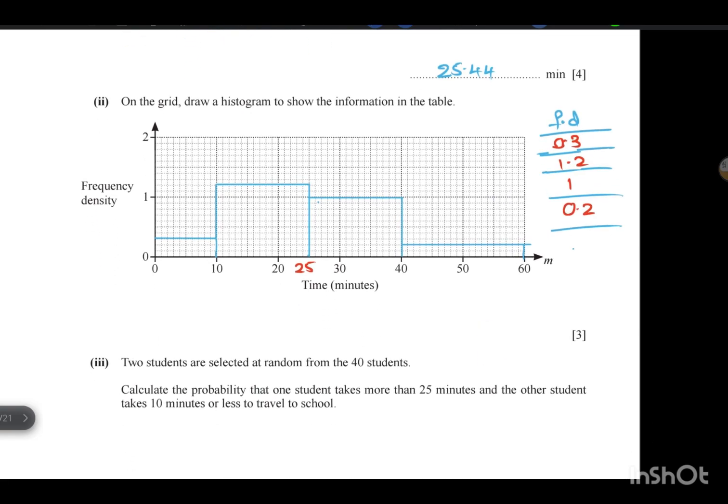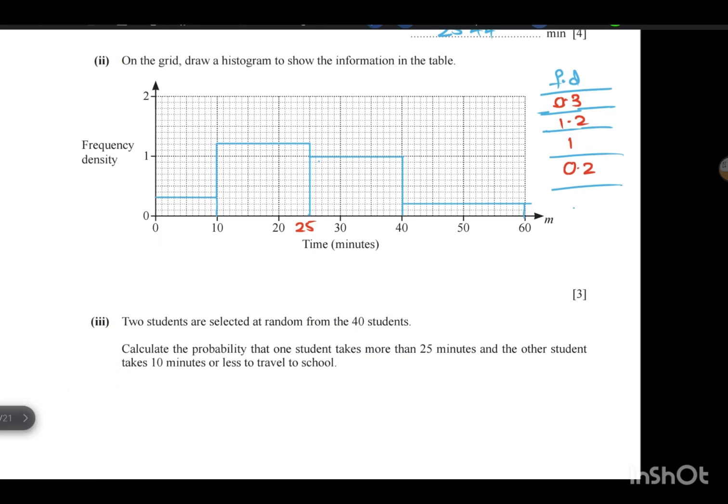Now next question after the histogram. The second question was the histogram, third question now. Two students are selected at random from the 40 students. Calculate the probability that one student takes more than 25 minutes and the other student takes 10 minutes or less to travel to the school.